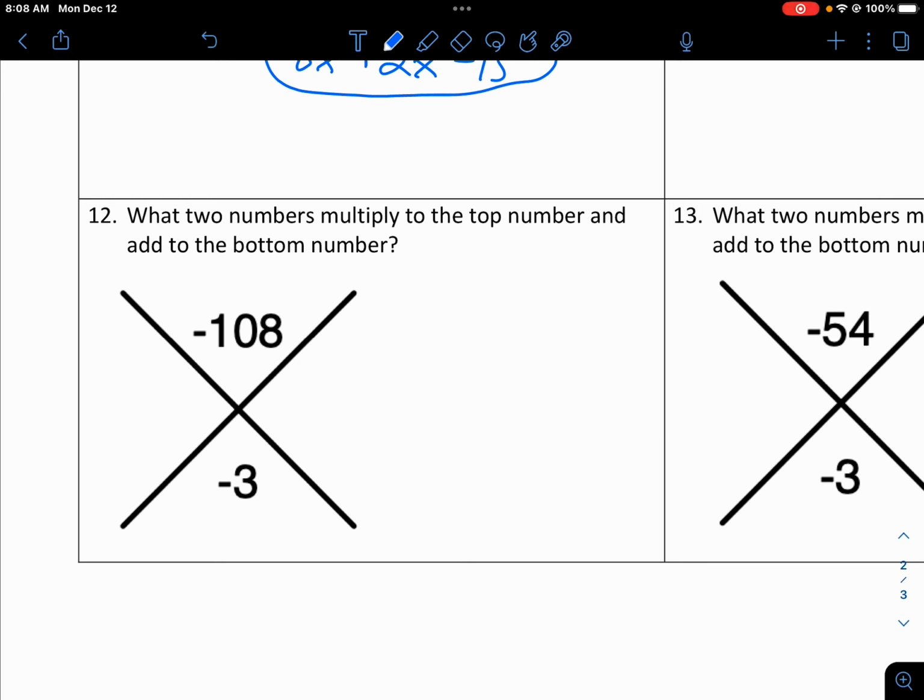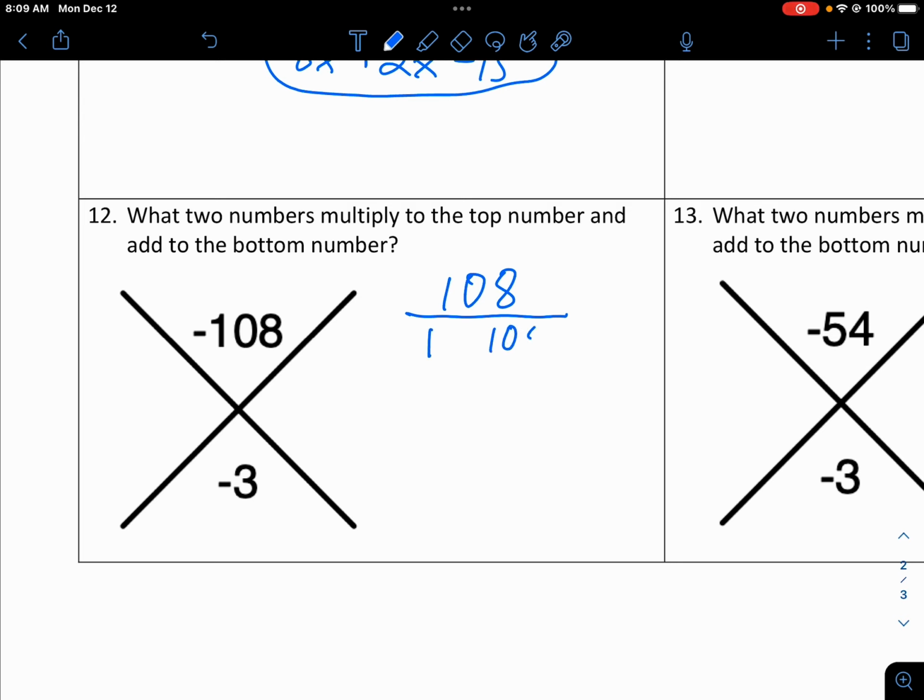And last but not least, your favorite, diamond puzzles. So one multiplies to negative 108 and adds to negative 3. So start making your list. Okay? You can Google multiplication charts to help you with this, or you can divide, but I would just Google a multiplication chart.